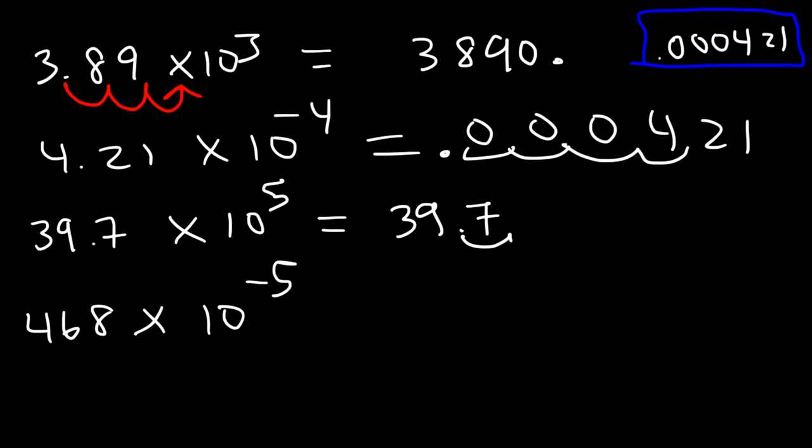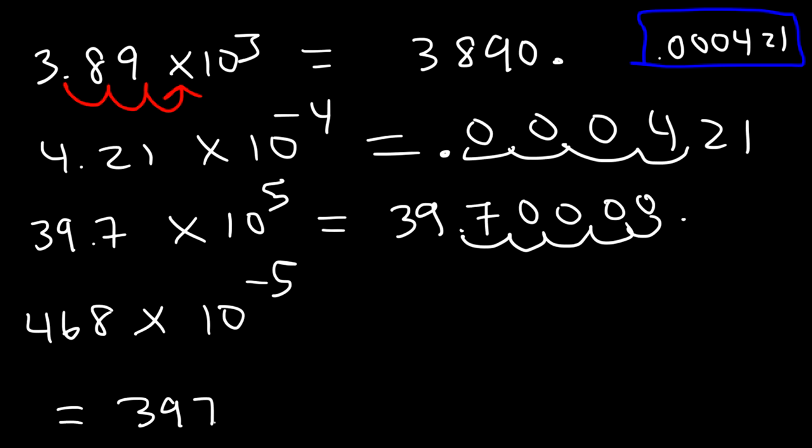So 1, 2, 3, 4, 5. So now that's basically 397 with 4 zeros. So that's 3,970,000.